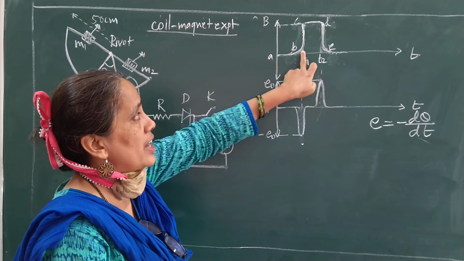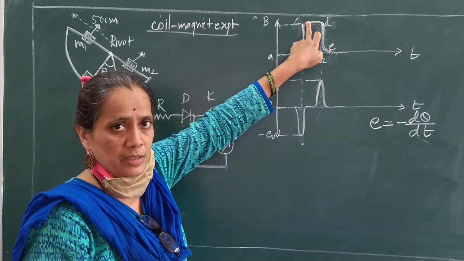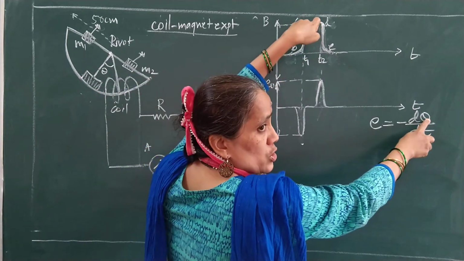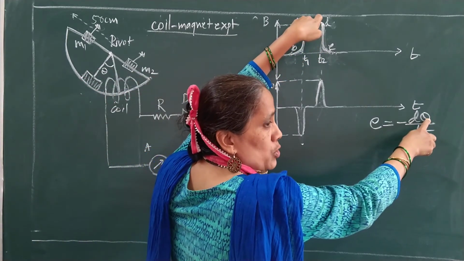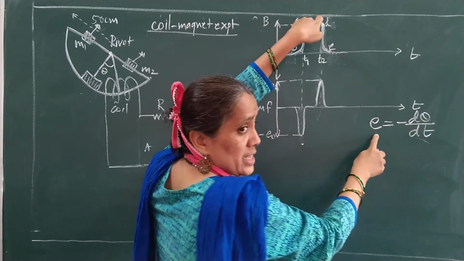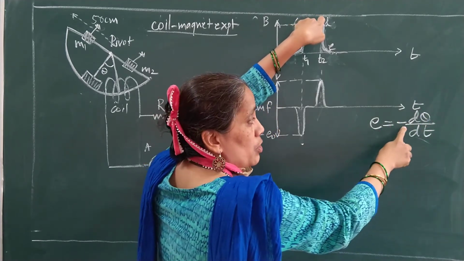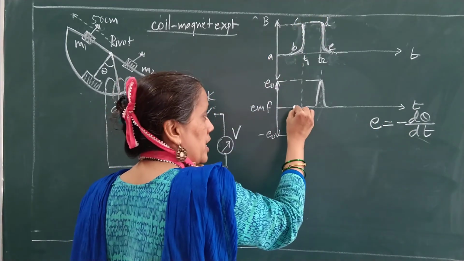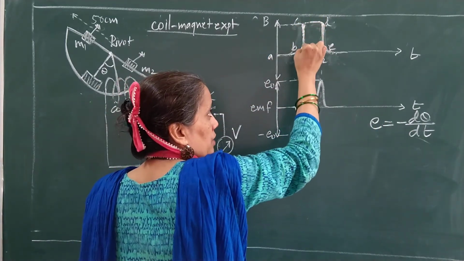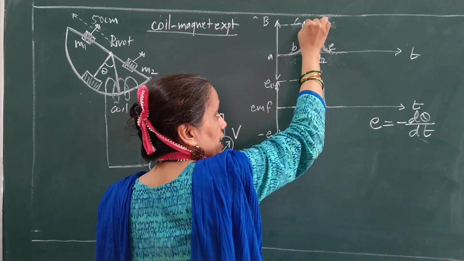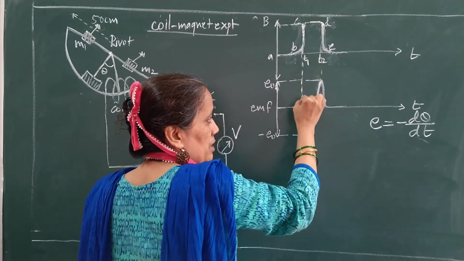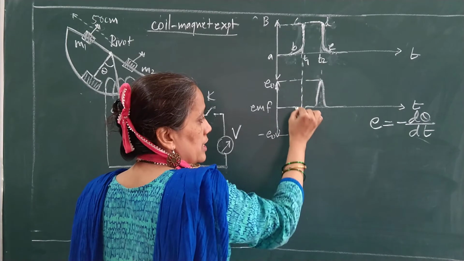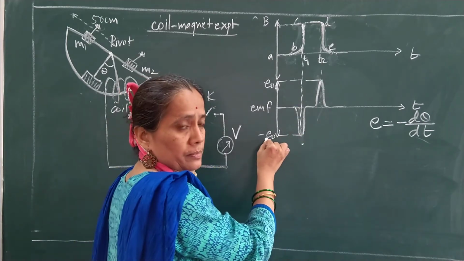Therefore, there will be a faster increase in the magnetic flux. Magnetic flux goes on increasing, means phi is positive. Phi is positive, but Lenz's law says that EMF is equal to minus d phi by dt. Therefore, EMF is negative. So here, in the time interval t1, when the phi increases at the faster rate, at that time the EMF induced is in the negative direction.